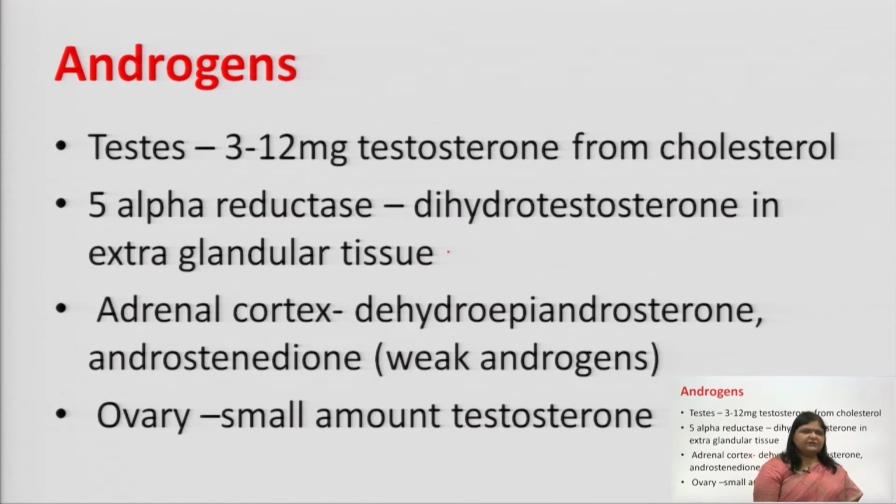Then testosterone, by the enzyme 5-alpha reductase, is converted into dihydrotestosterone in the extraglandular tissue, which is responsible for the major actions produced by testosterone.